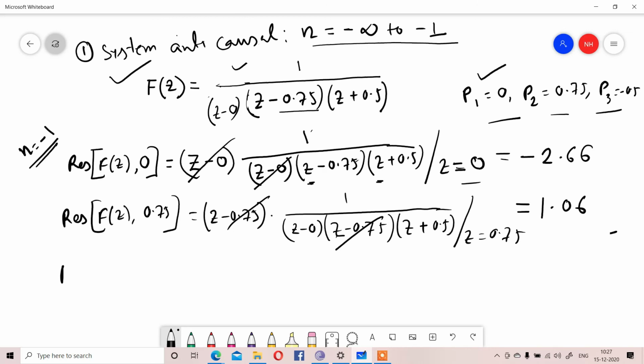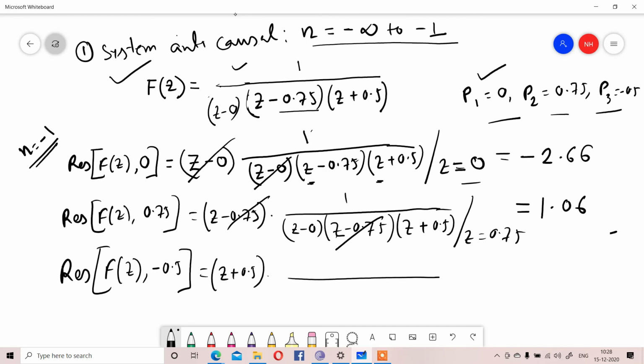And the third residue of F(z) for minus 0.5, if you calculate, it will be z plus 0.5 times F(z), that is 1 by z minus 0, z minus 0.75, z plus 0.5, where z equal to minus 0.5.